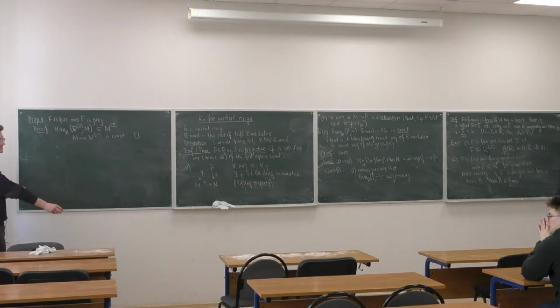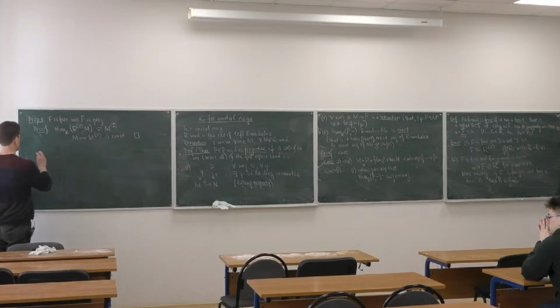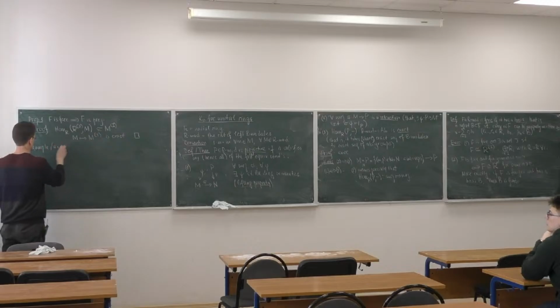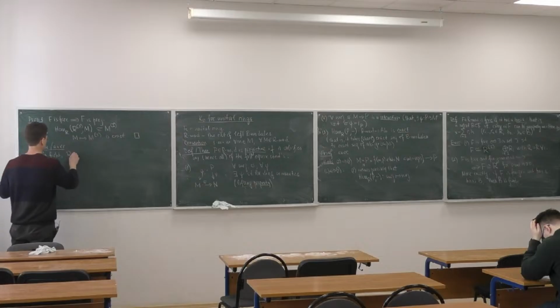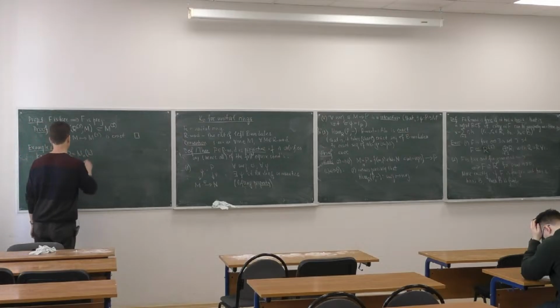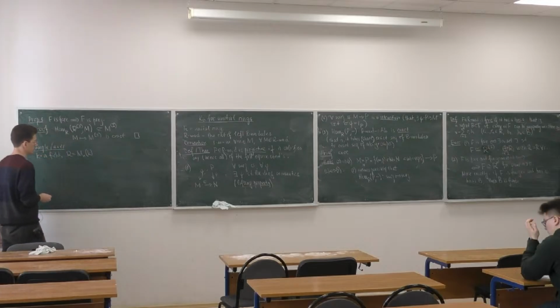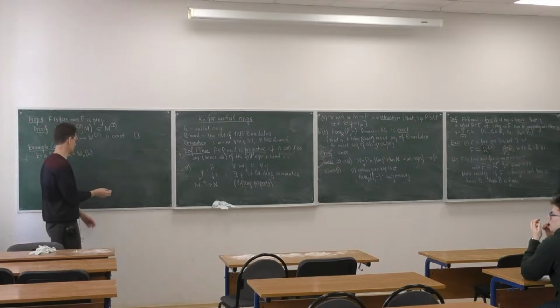In the general case, the converse is not true, and here's a simple example and exercise at the same time. Let's take any field, K a field, and let R denote the matrix algebra Mn of K. So it acts.